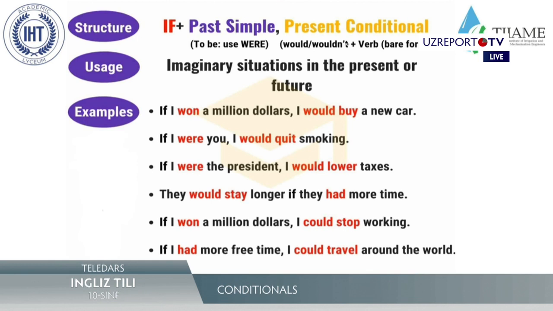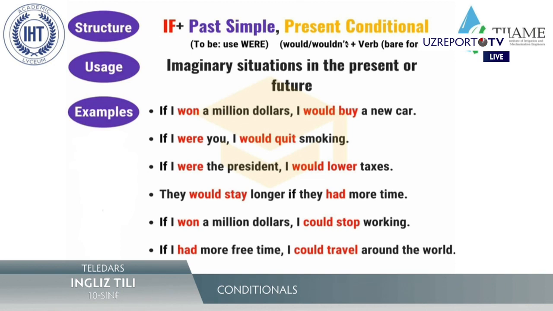So, you can imagine some situation. You cannot be in the place of another person. It's impossible. That's why you may just predict something. You may just imagine, dream. So that's why we use the second type of conditional sentences for such kinds of situations, for imaginary situations, for hypothetical or 50-50 situations.